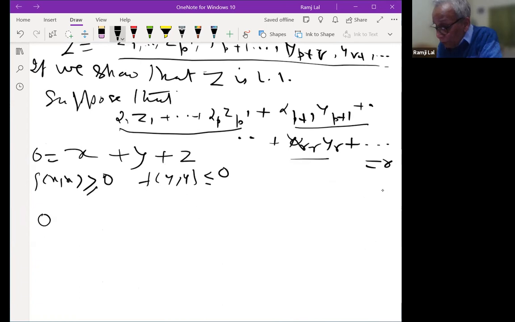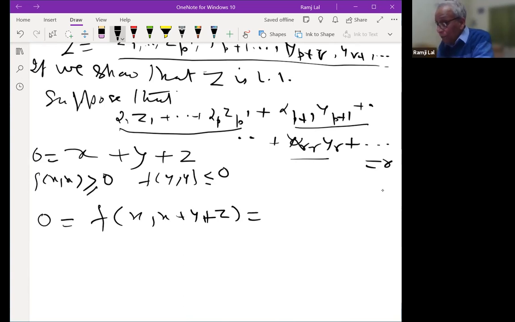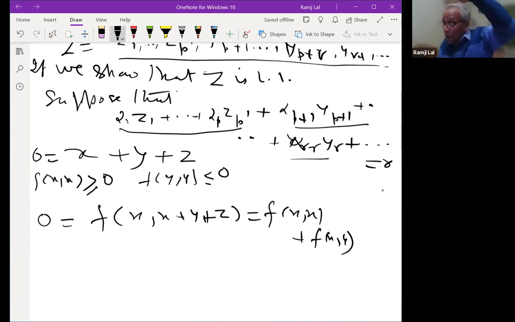Therefore 0 will be equal to f(x plus y plus z, x plus y plus z), so this will be f(x,x) plus f(x,y). And since z is such that it is orthogonal to every member of the vector space, this is 0. Similarly, if you take y here, you will be getting f(y, x plus y plus z).